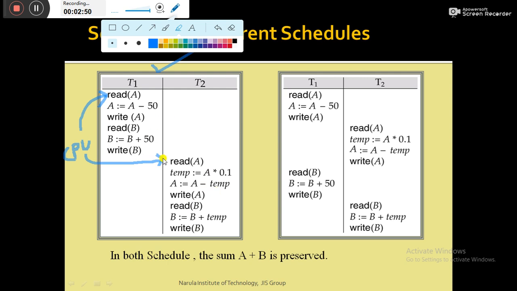That means once T1 gets completed, T2 starts. So if a system executes one transaction at a time, that is, transactions execute serially in some order, that scenario can be represented with the help of a serial schedule.